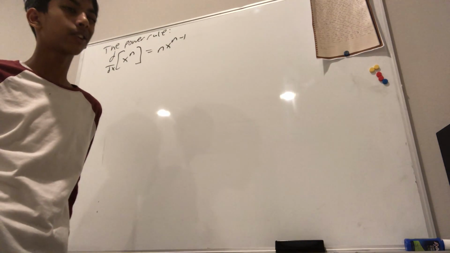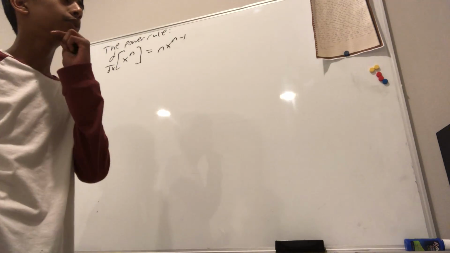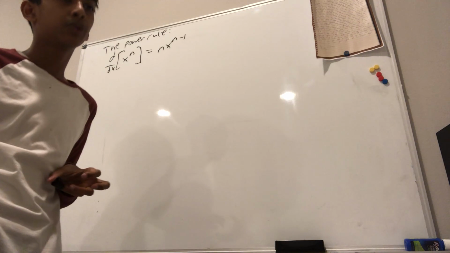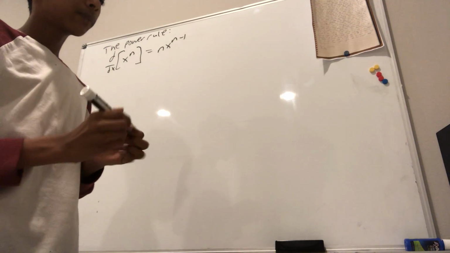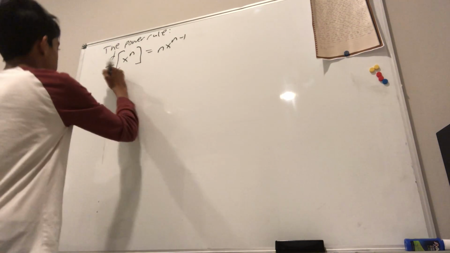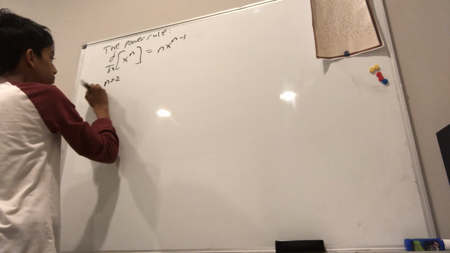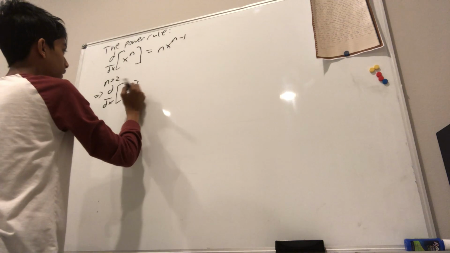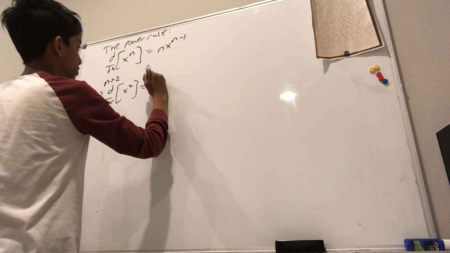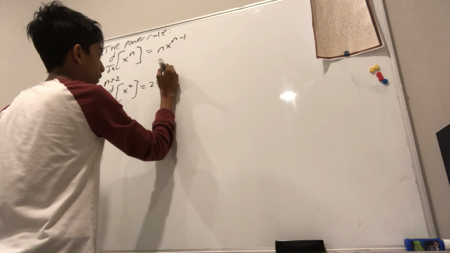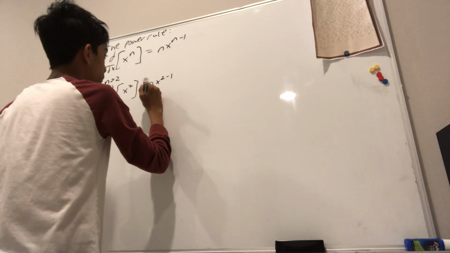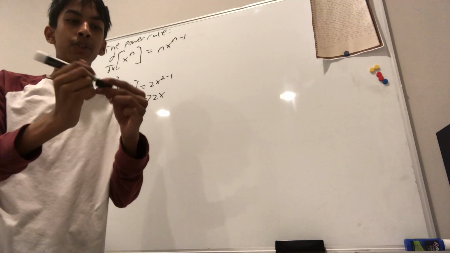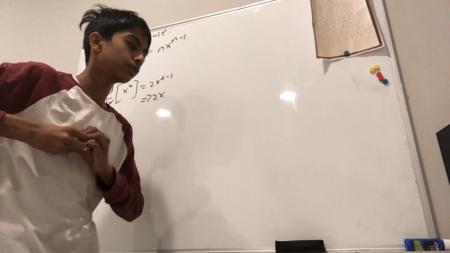We noticed that it was 2x. So let's say n equals 2, meaning we're taking the derivative with respect to x of x squared. According to the power rule, this should be 2x to the 2 minus 1. And 2 minus 1 is just 1, so it's 2x. And that is the same as what we got from the definition of the derivative, which is pretty cool.